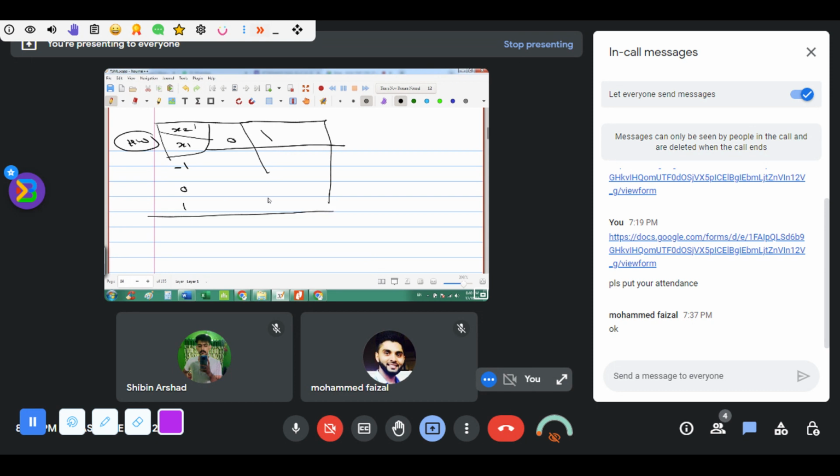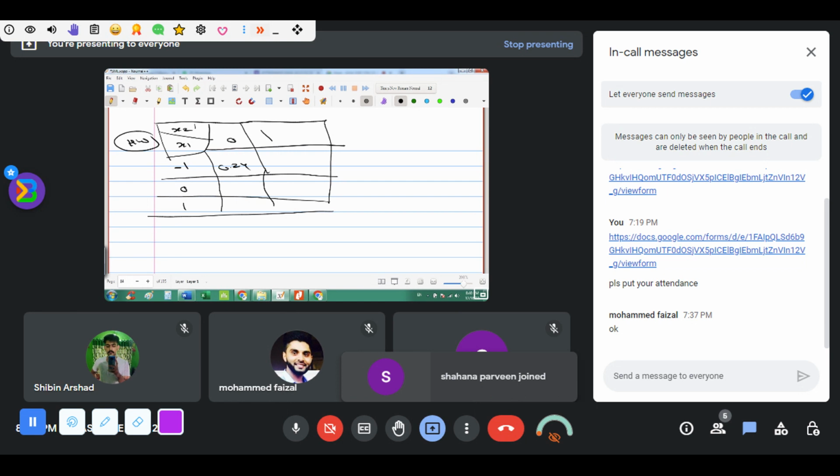Here minus 1 is a variable value, not a probability value. The probabilities are 0.24, 0.24 and 0.16, 0.4, here 0.06, 0.14 and here also 0.00.